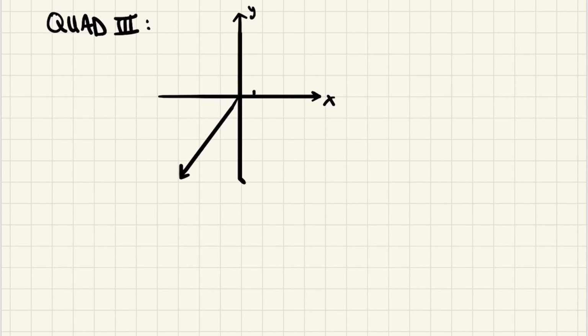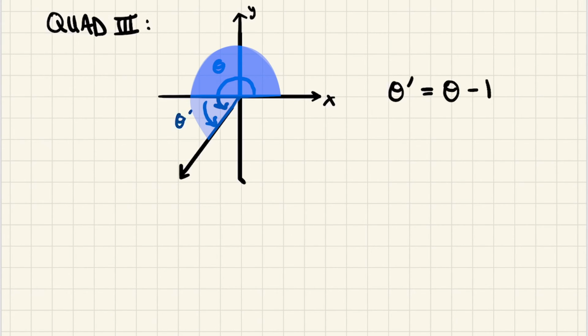Okay, let's look at quadrant 3. So here's our angle theta. And its reference angle, theta prime, again, is between the nearest side of the x-axis and the terminal side of our angle. So that would be this guy right here. And here we can see that the reference angle, theta prime, is the original angle minus 180 degrees.